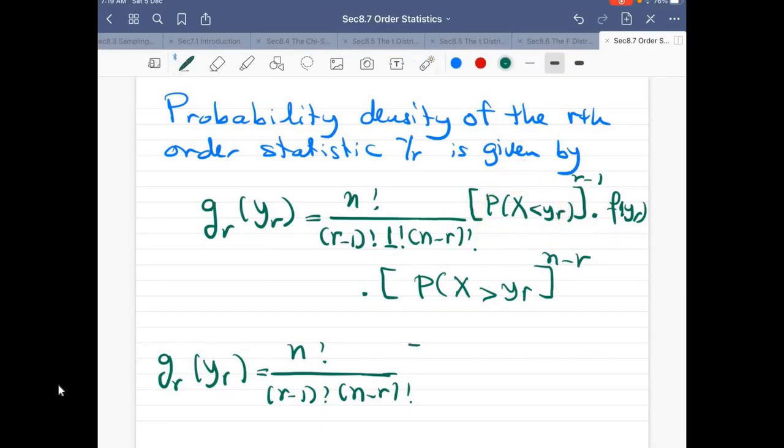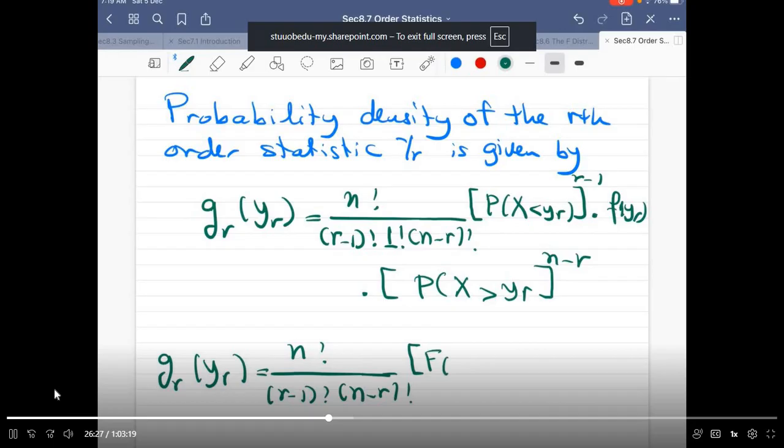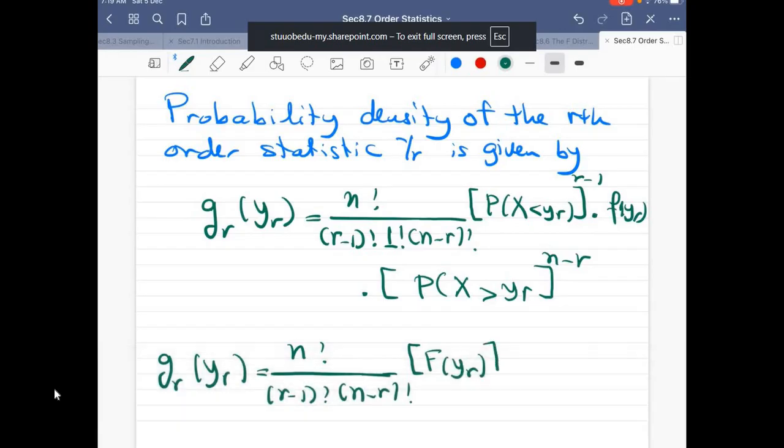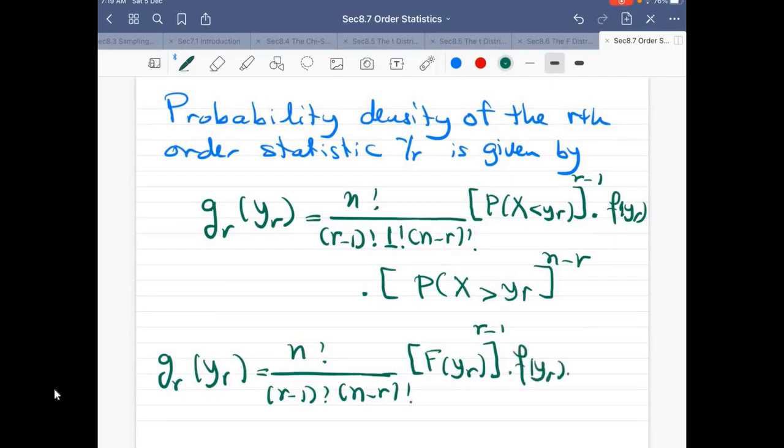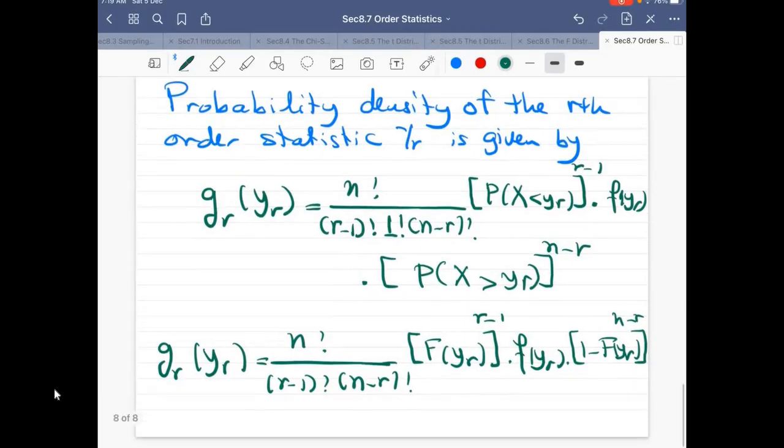So here will be the F capital at y sub r power r minus 1 into density at y sub r, into a probability of being greater than y sub r, and then greater than y sub r is 1 minus a CDF. So this part will be 1 minus F capital at y sub r power n minus r.